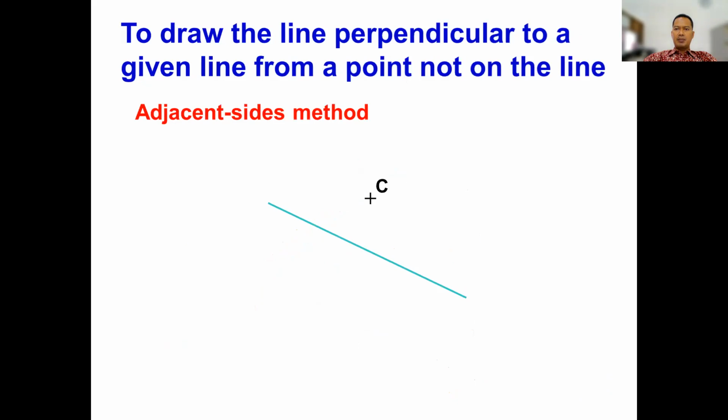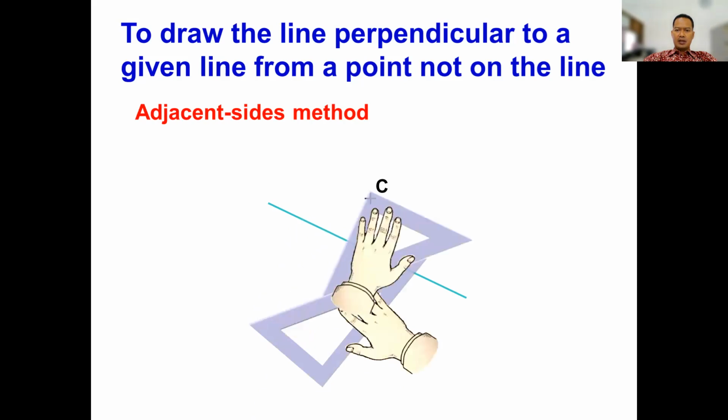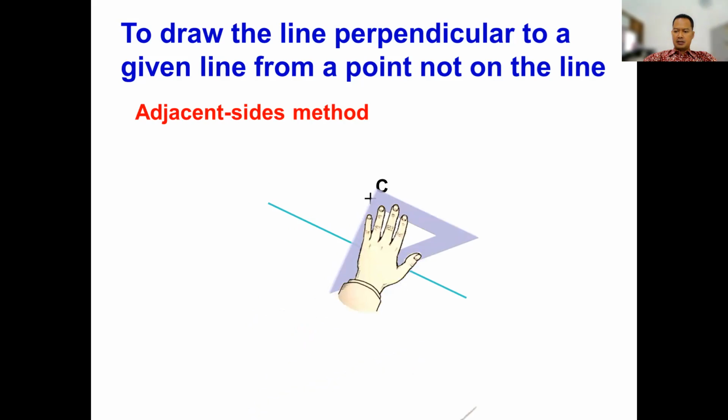To draw a line perpendicular to a given line from a point not on the line, for example we have point C outside of the line, using two triangles, move until you find the C point, and then make a line like this.